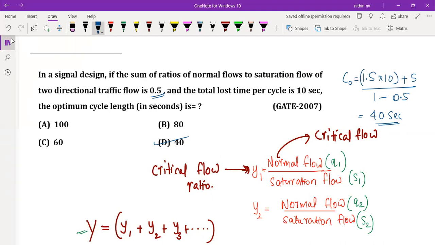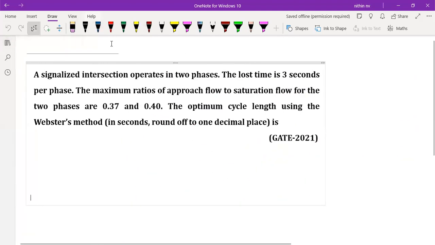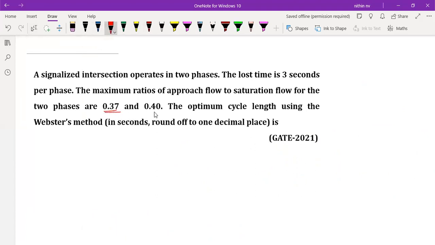Got it? Now we are moving forward to a somewhat higher question. Look here. Instead of giving the sum, they have given the ratios of approach flow to saturation flow. Approach flow is nothing but our normal flow or critical flow. So you got another synonym: normal flow, critical flow, or approach flow.